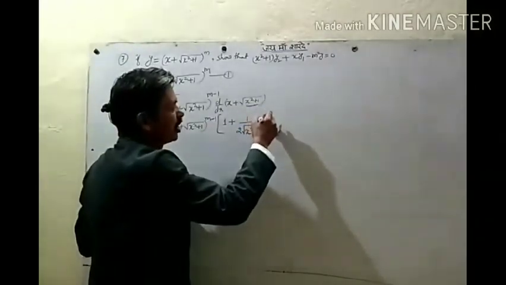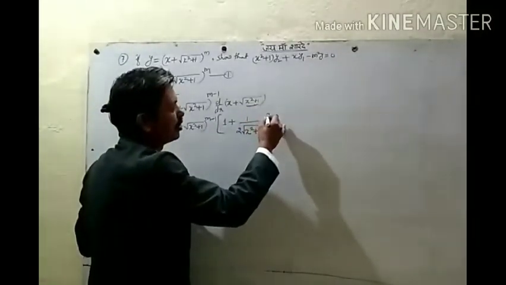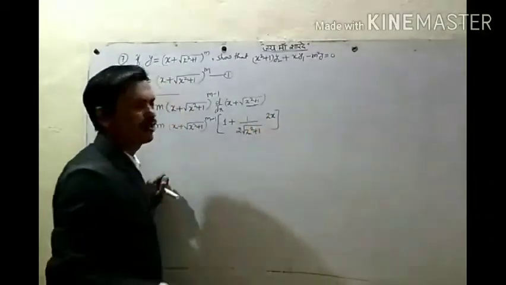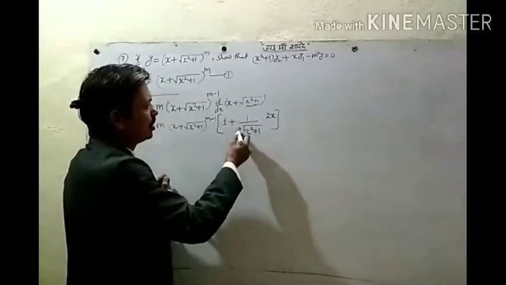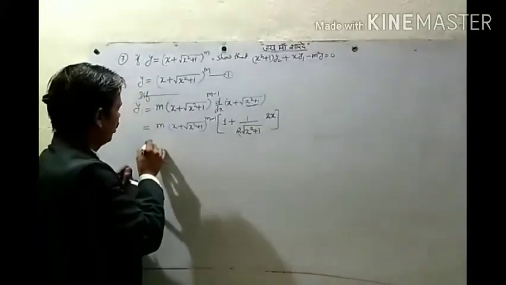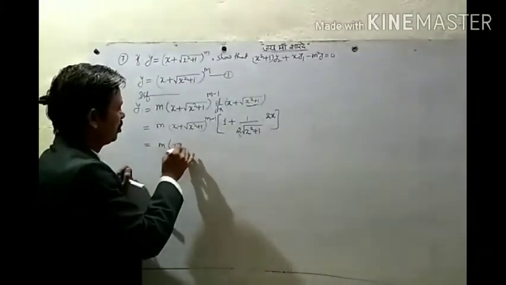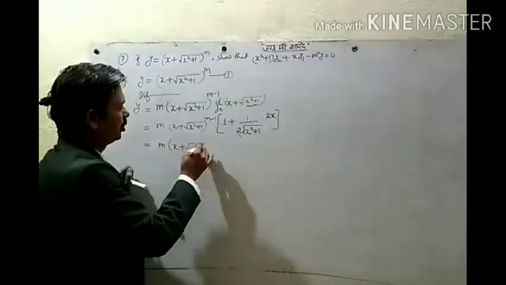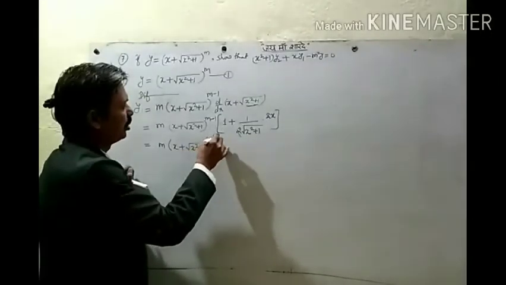So we will differentiate again x square plus 1. Its derivative will be 2x. Okay? This 2 cancels out. Then we get here m into (x plus root x square plus 1) to the power m minus 1.